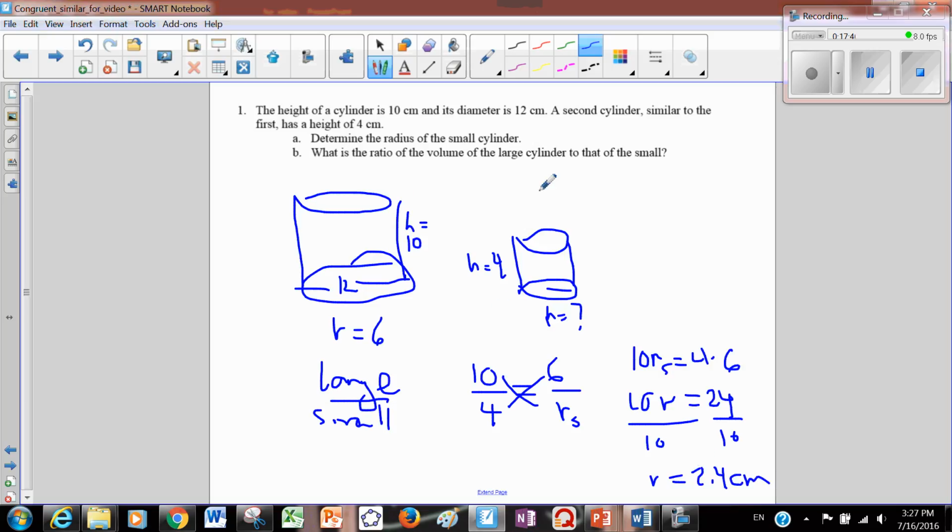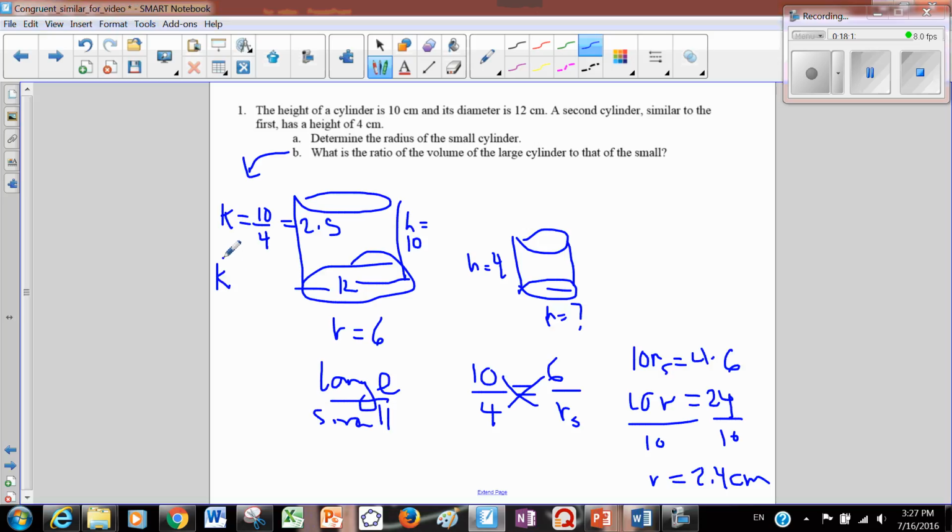What's the ratio of the volume of the large one to the one of the small one? So if we're looking at this question here, well, we know K, or ratio, it's 10 over 4, right? It's like the side of the big one over the side of the small one. So that's the same as 2.5. So what's the ratio of the volume?